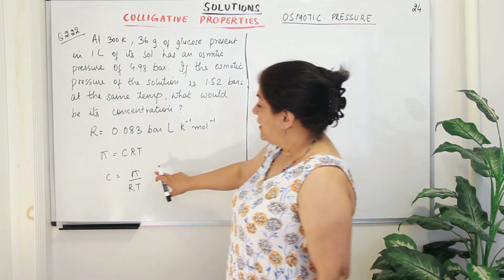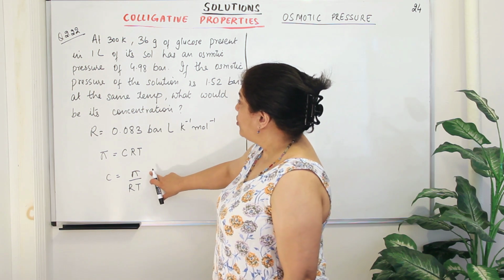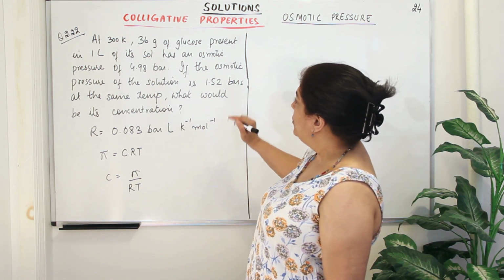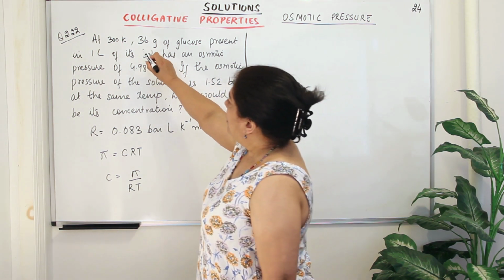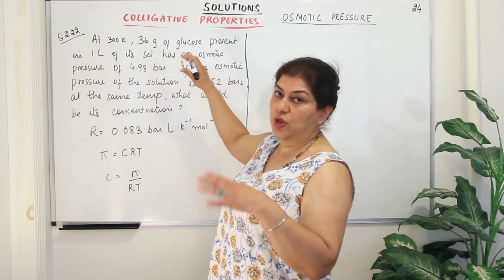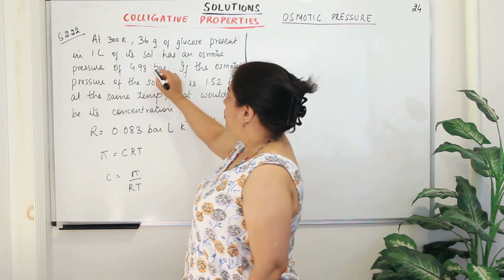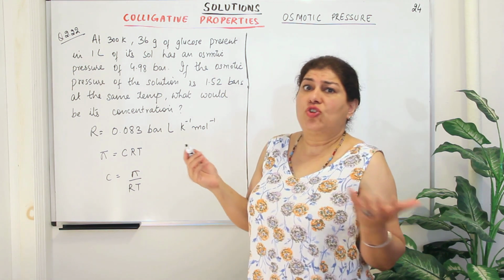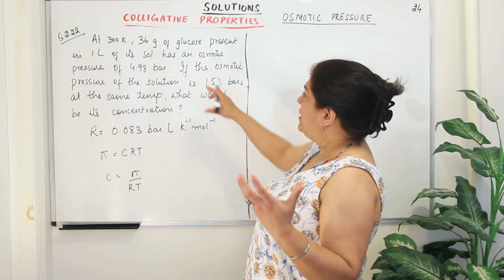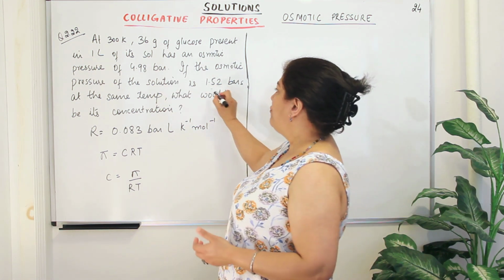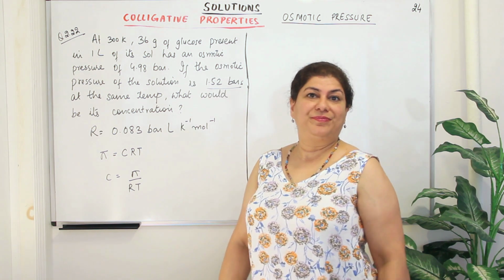Now what is pi? What is the osmotic pressure? Osmotic pressure has been given to you. When you add 36 grams of glucose, the osmotic pressure is 4.98 bar. But this is not your solution. Your solution is one that has an osmotic pressure of 1.52 bars.